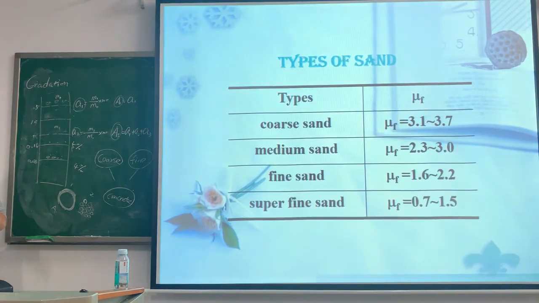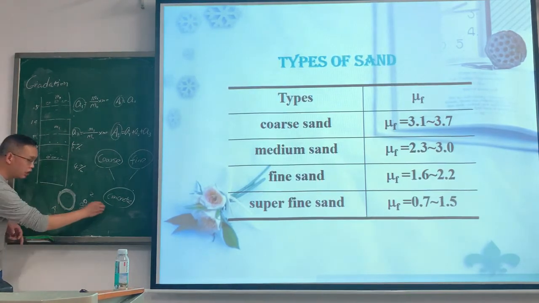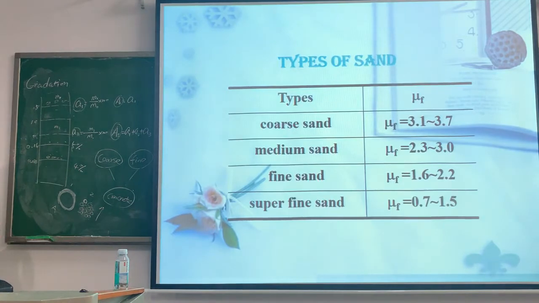What does this mean? It means when we use the cement paste to bond the aggregate, the surface of the aggregates is increased, because the surface of these 14 small particles is bigger than this one big particle.